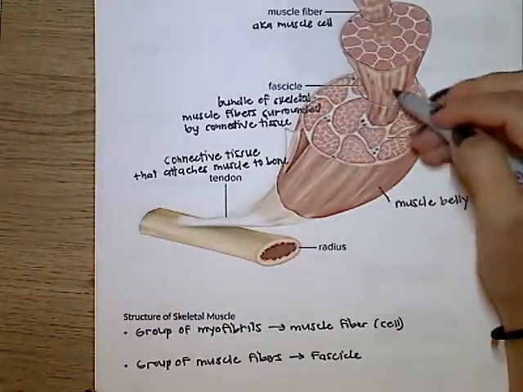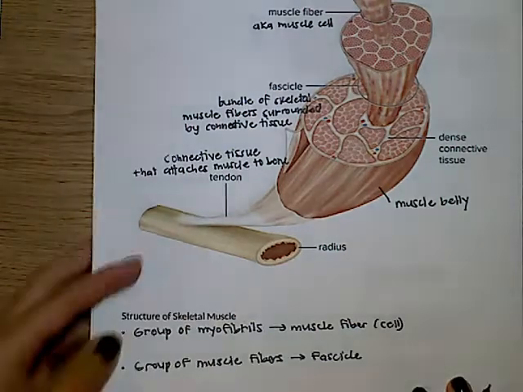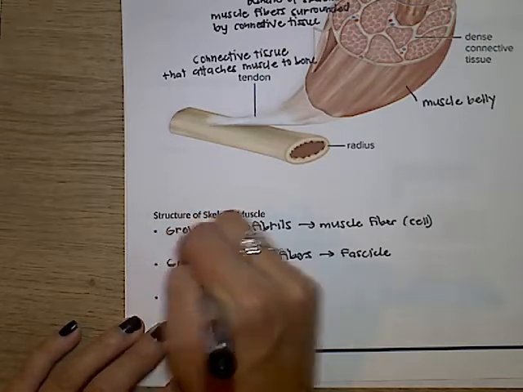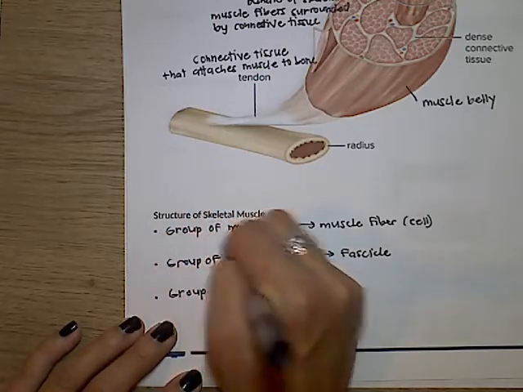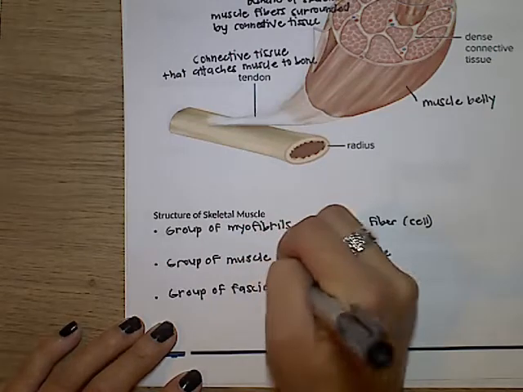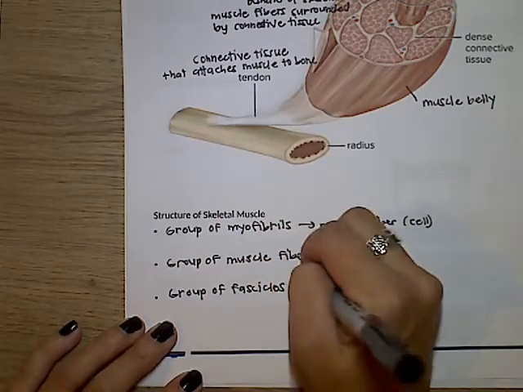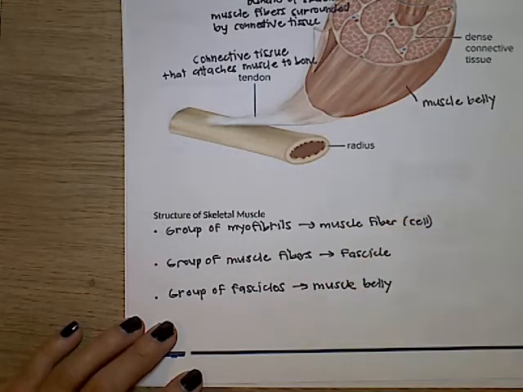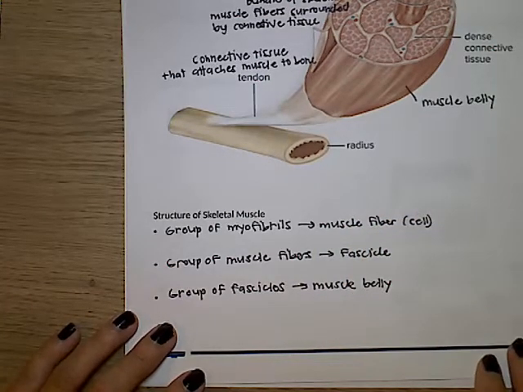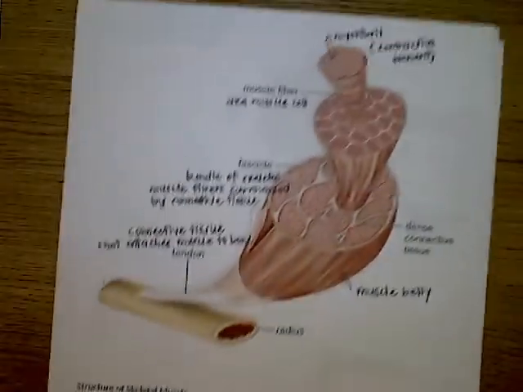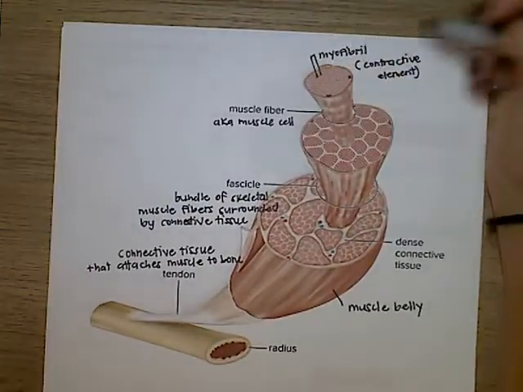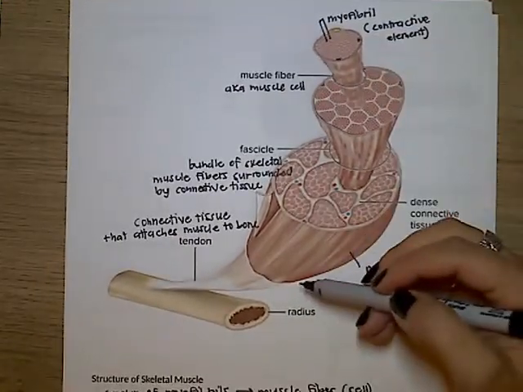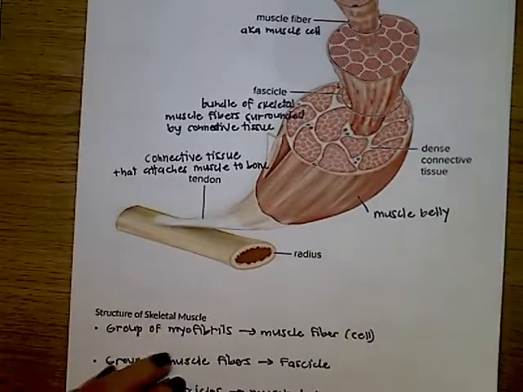And then a whole bunch of those fascicles together form a muscle belly. So mainly what we're focusing on today is going to be this little guy, the myofibril, and how it contracts, which will again cause all these other things to contract, resulting in muscle contraction.